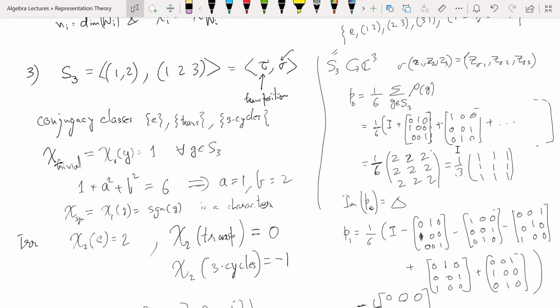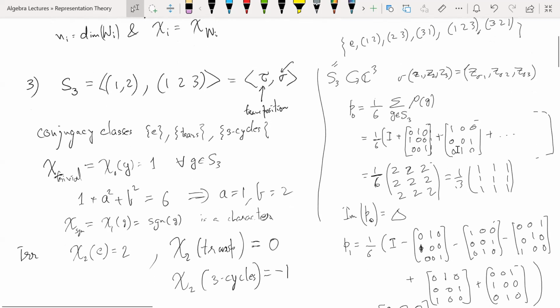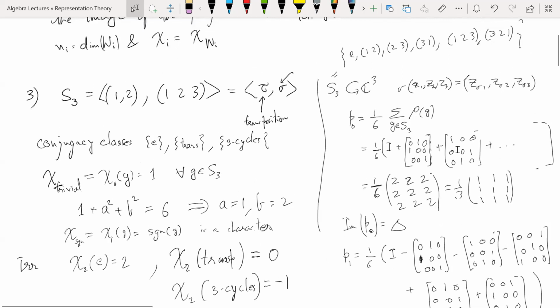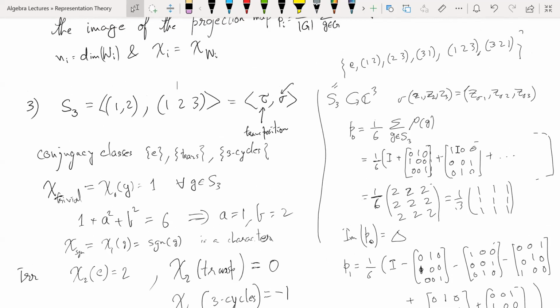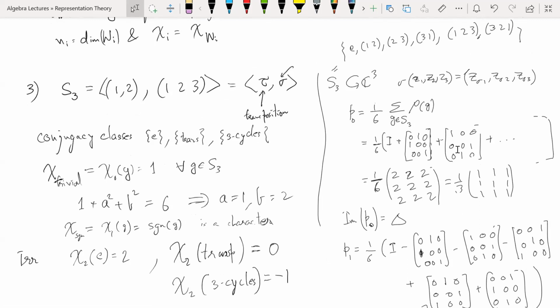Now the two-dimensional representation for which the character is chi2, I just said what it is going to be without actually giving you the proof, but maybe you can use this method to get the representation corresponding to chi2.